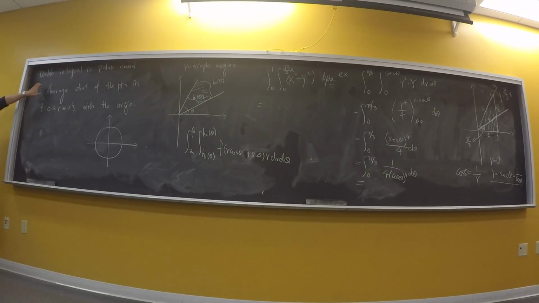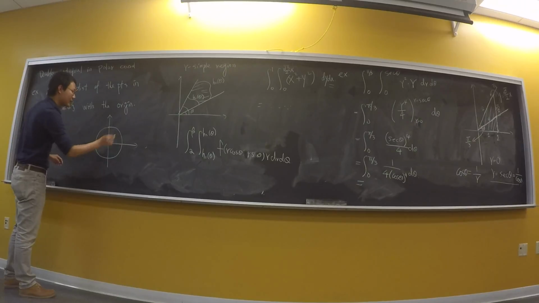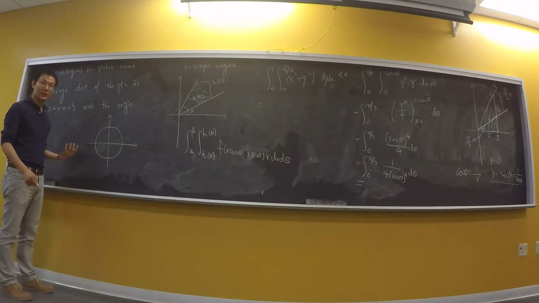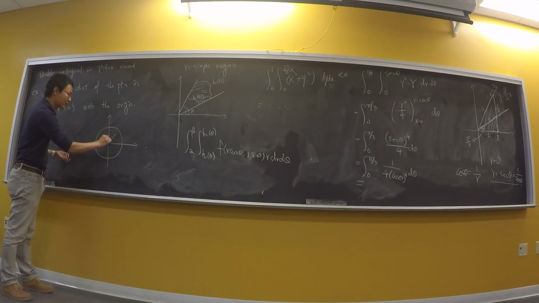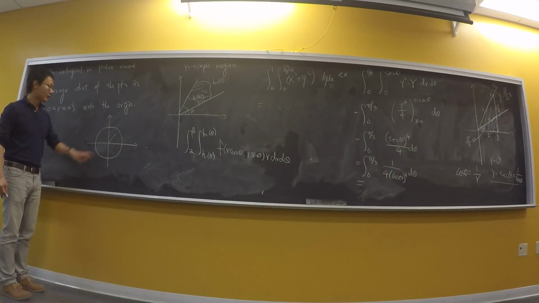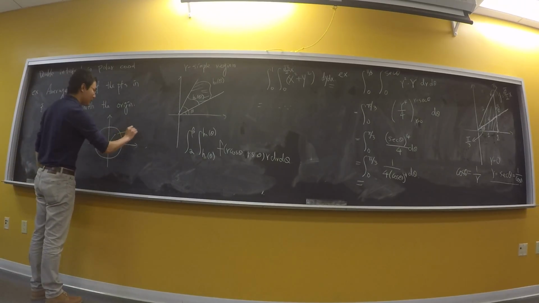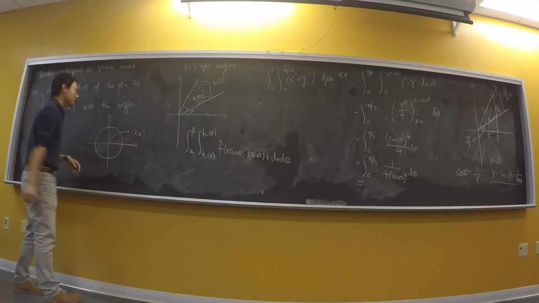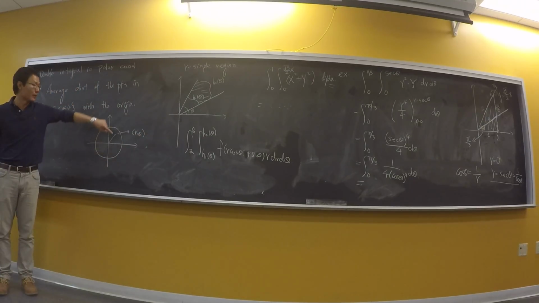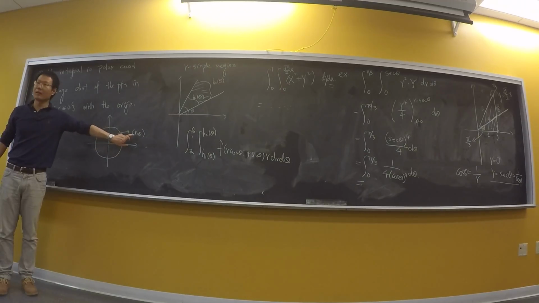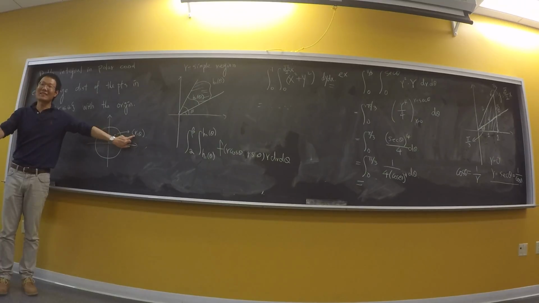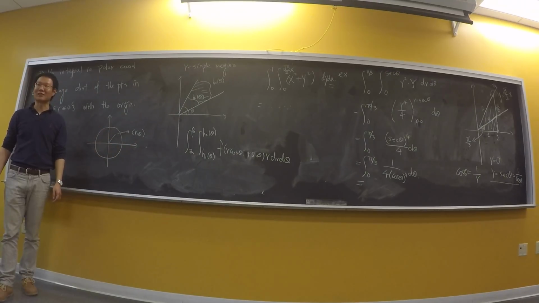So I want to find the average distance. Picking any point in this disk, I'll be able to find the distance between this point and the origin. If I have a point r and theta in polar coordinate system, I can easily find the distance between this point and the origin. That's given by r. Am I right? That's just r. So what is the advantage for us to use polar coordinate system?